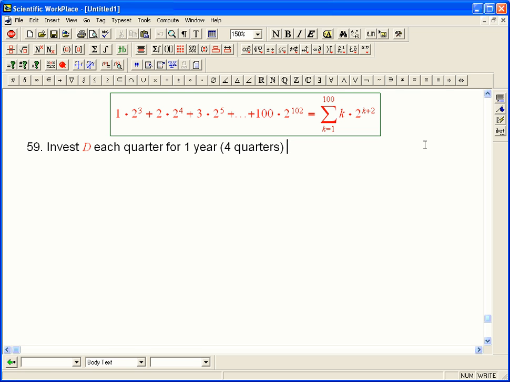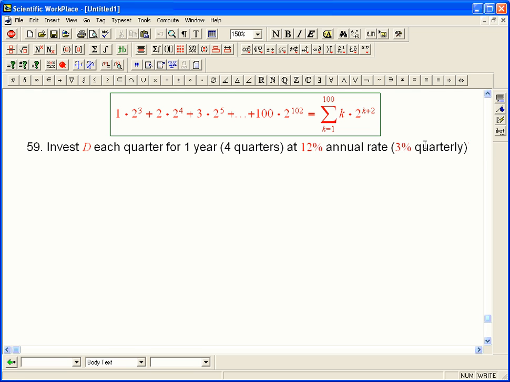And 12% annual rate. Well, that's a 3% quarterly interest.